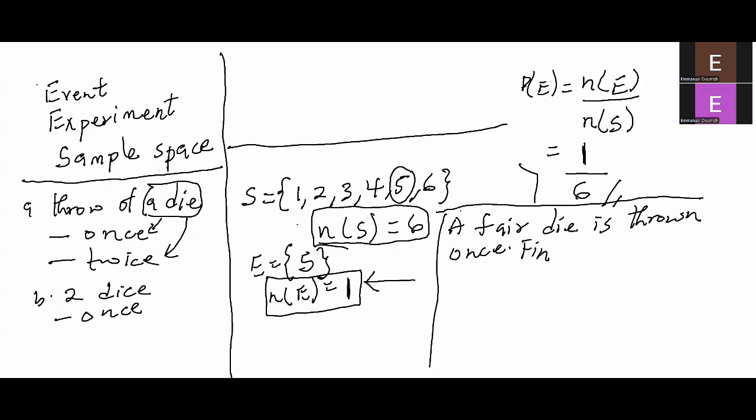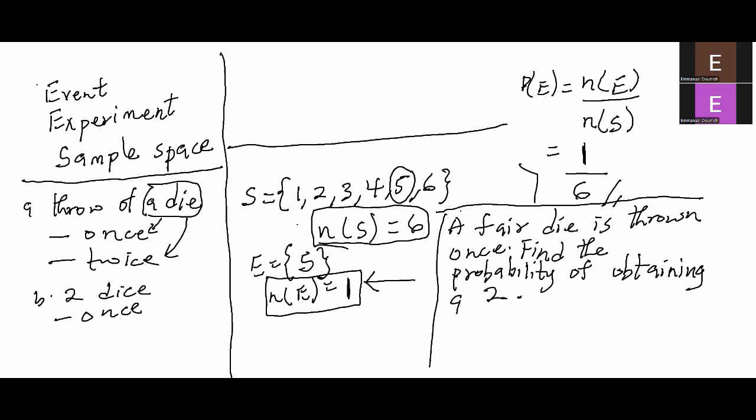Find the probability of obtaining a 2. So this is your question.